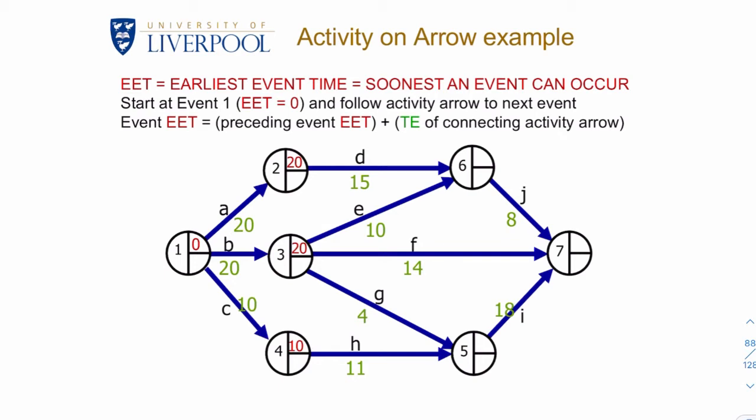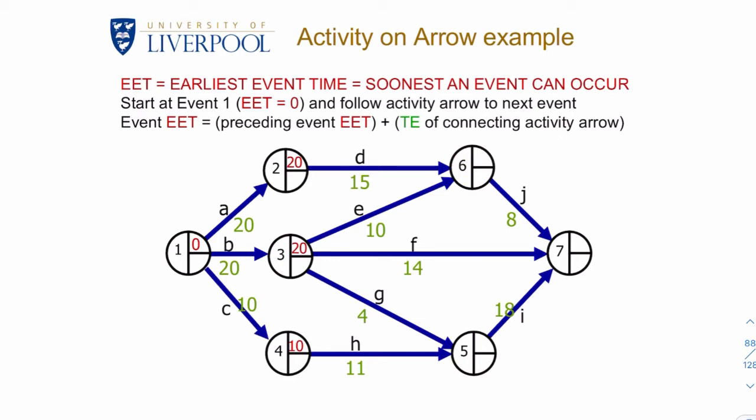Now, if we go to the next level, we started with the first level, 0. That's our first set of activities. Now look at the second set of activities. We need to look at how do we get to event 6.